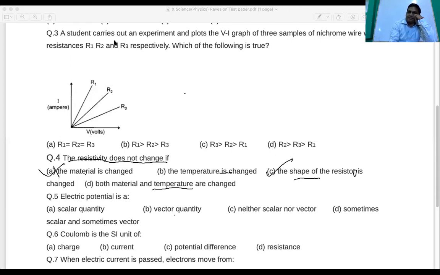Okay. The options are actually very confusing. When you read them like this: if the material is going to change, it will change; if the temperature is going to change, resistivity will change; if the shape of the resistor is changed, resistivity is not going to change.